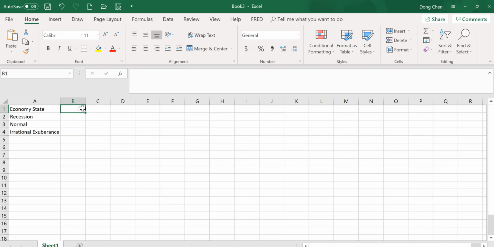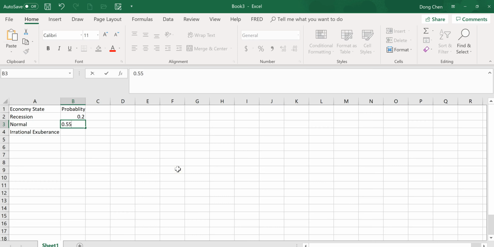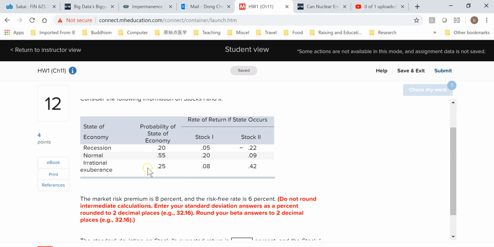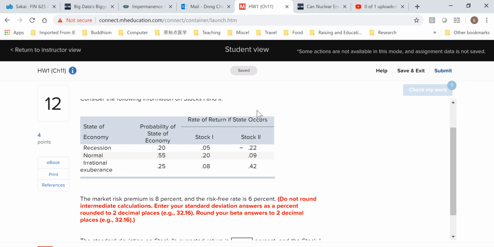The probability. So recession happens with 20% chance, and normal state happens with 55% chance, and irrational exuberance happens with 25% chance.